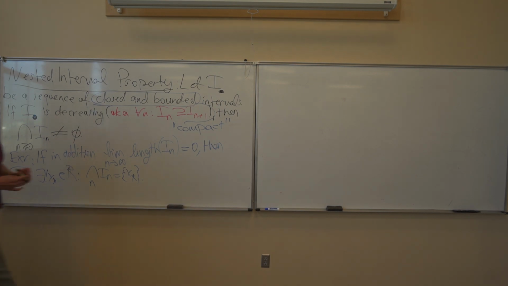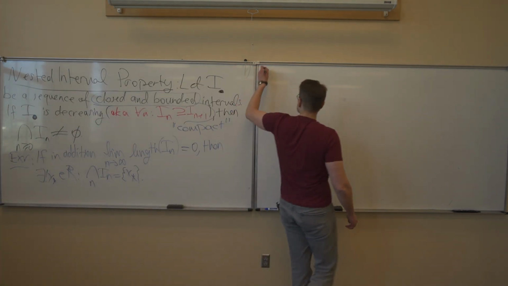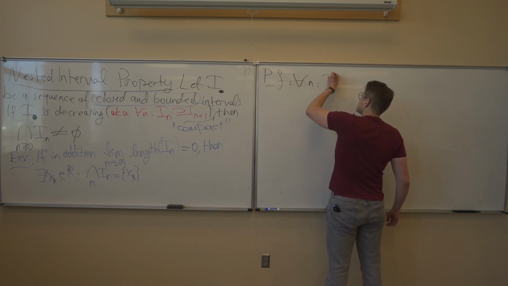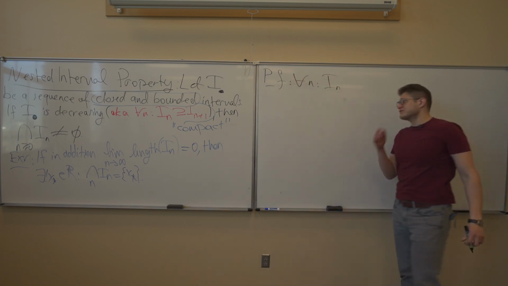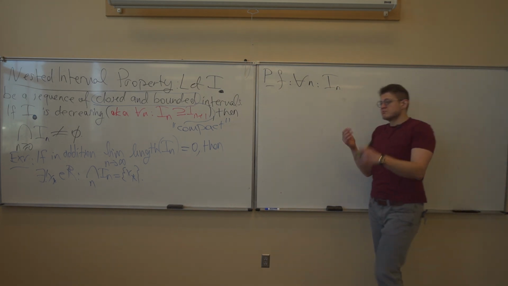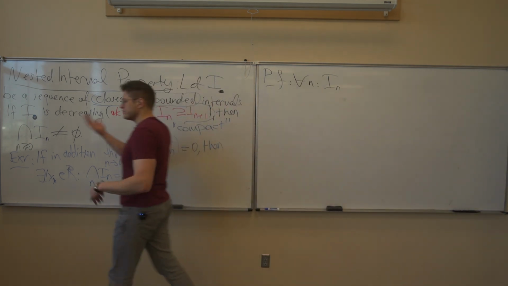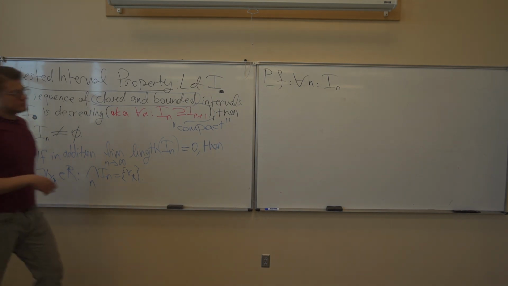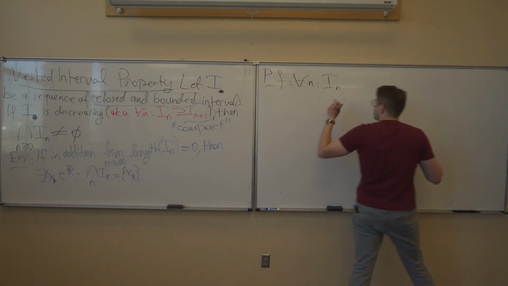Okay, so how to prove? Well, I know that I sub n is given as a closed and bounded interval. Okay, so let me give names to the left endpoint and the right endpoint. Lambda sub n for left, rho sub n for right.